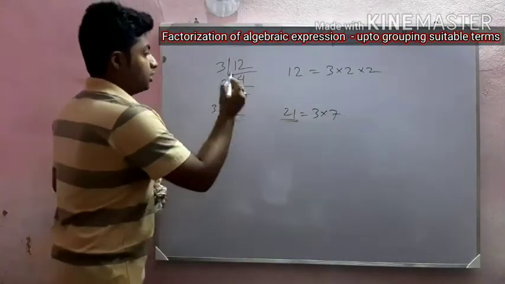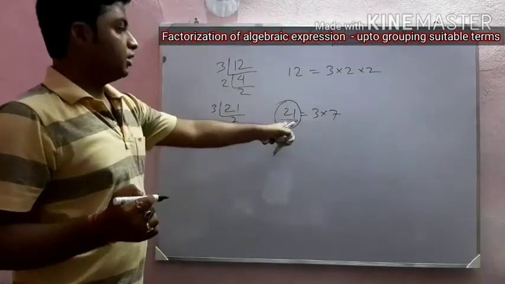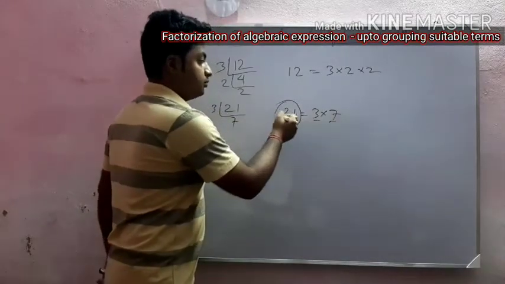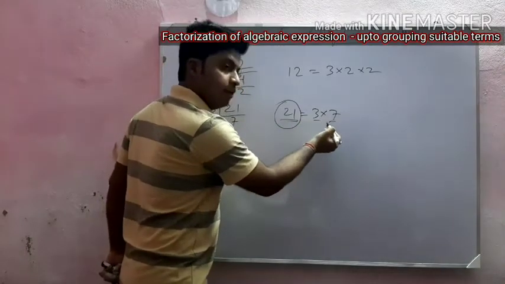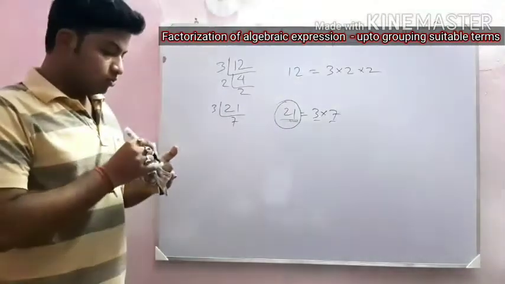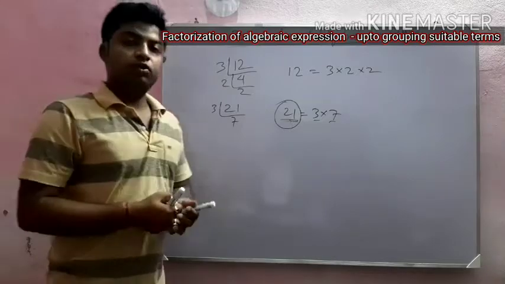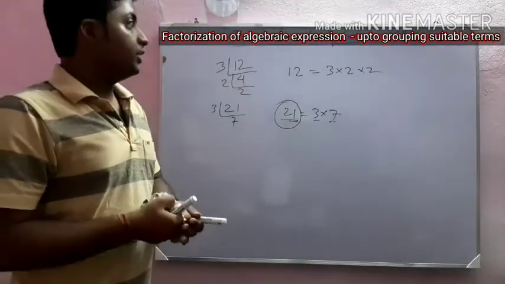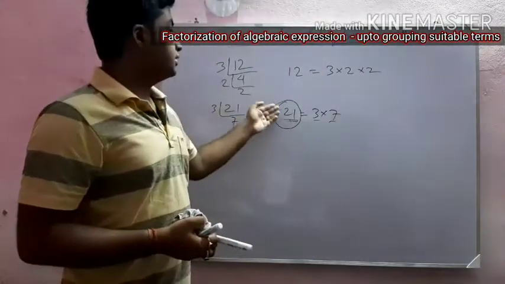Suppose I need to find the factors of 21, then 3 and 7 are the factors of 21, because if we multiply 3 and 7, we get back the number 21 as their product. You know this process from your previous class, right? Now you have to do the same thing for algebraic expressions instead of these numbers.